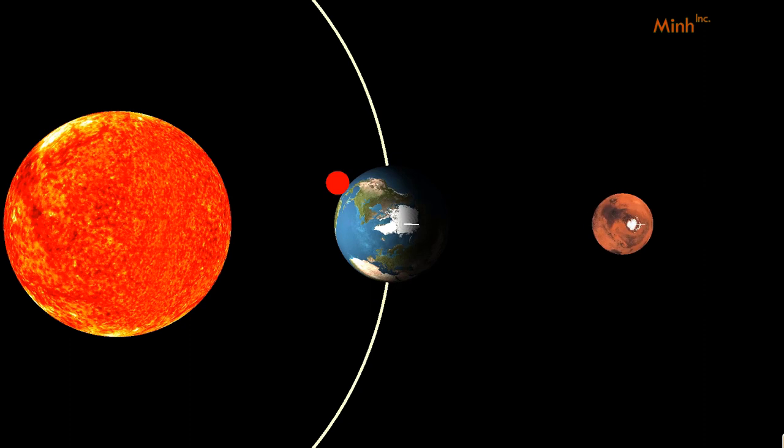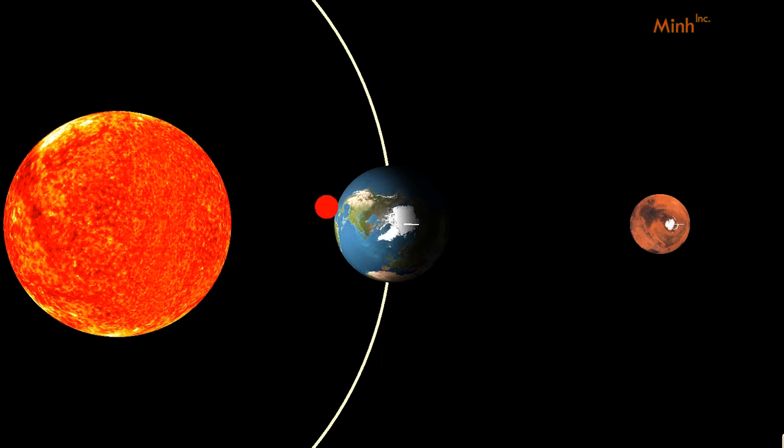Okay, so a red spot is a person that is standing on the Earth, and Earth is rotating on its own axis. So this is the noon time. It's daytime, it's noon time, and this is going to be evening.